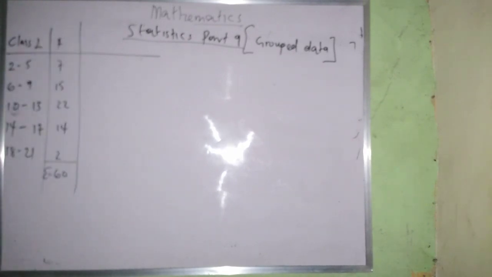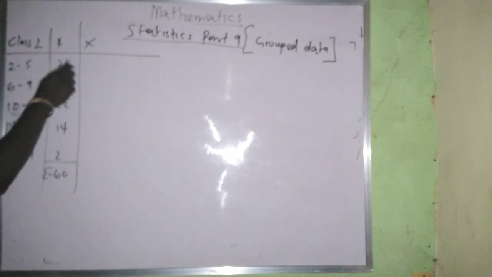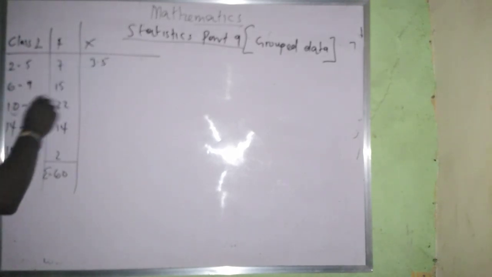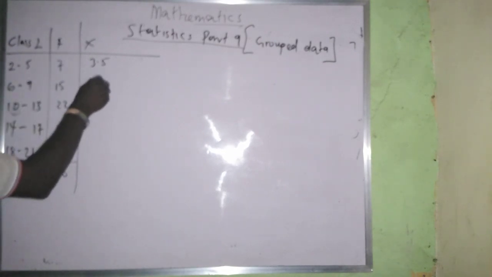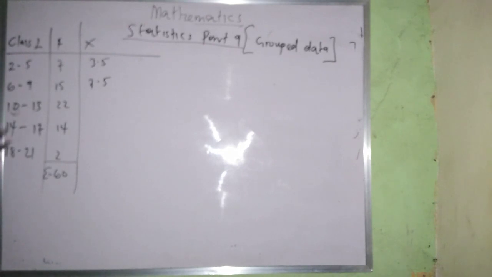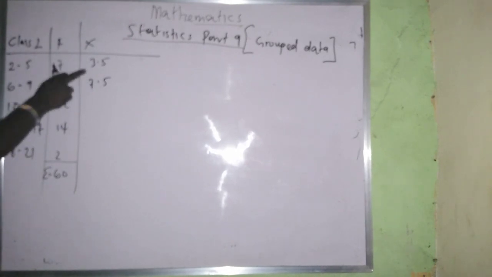Now, since I have it, I can look for my x, the mark. I will add up these two divided by 2: 2 plus 5 is 7, divided by 2, which gives 3.5. Once I have the first one and they are of equal width, I just keep adding 3, 3, 3, 3.